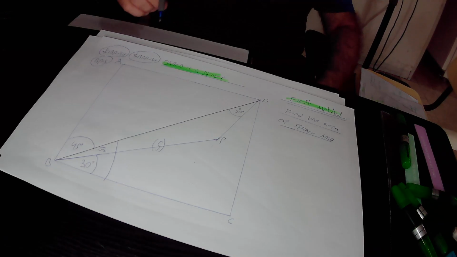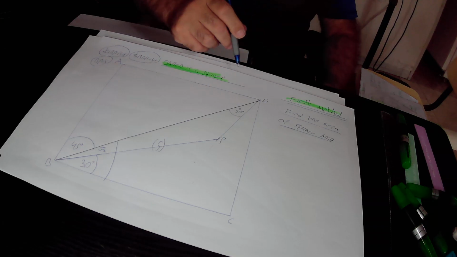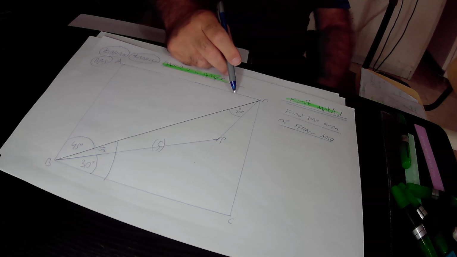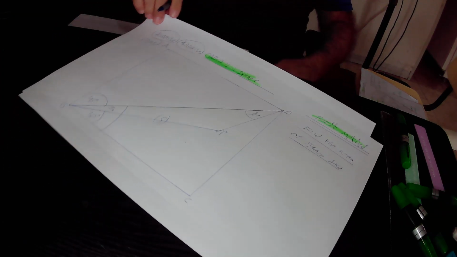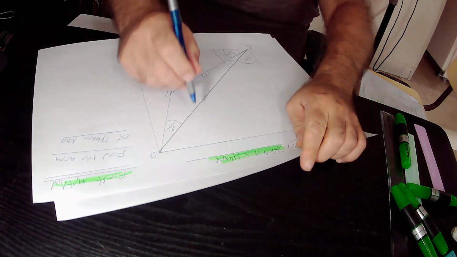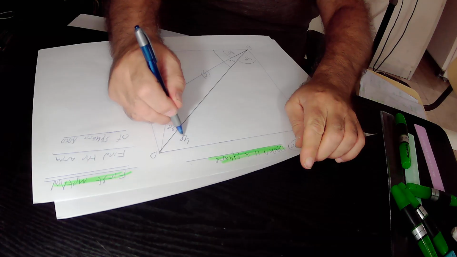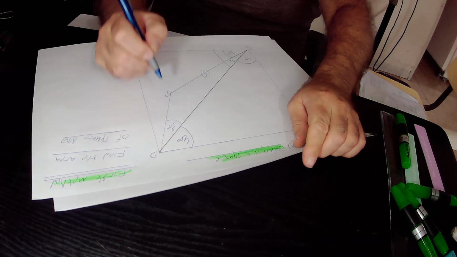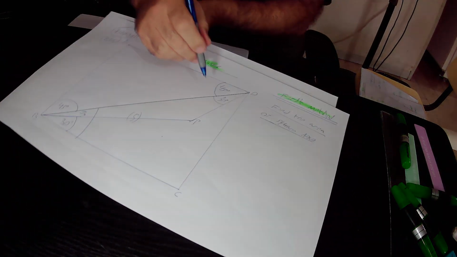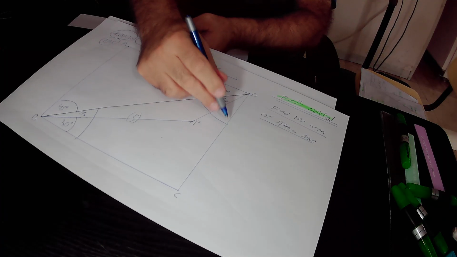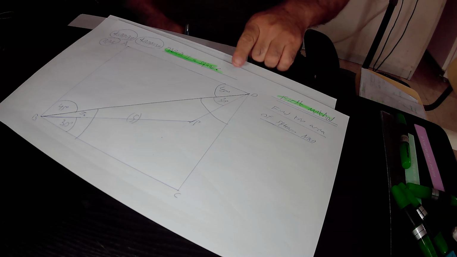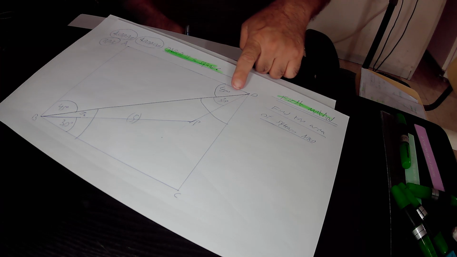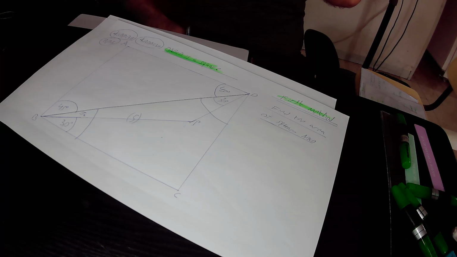Likewise, diagonal BD bisects angle ADC. This is the first half of angle ADC, which equals 45 degrees in its size. This is the second half of angle ADC, which is also equal to 45 degrees in size. So this angle equals 30 degrees, and therefore this angle must be equal to 15 degrees in its size.